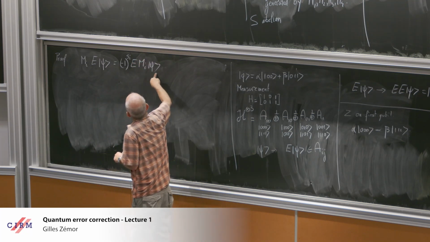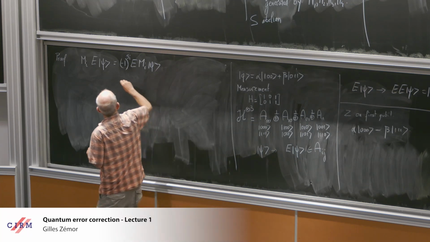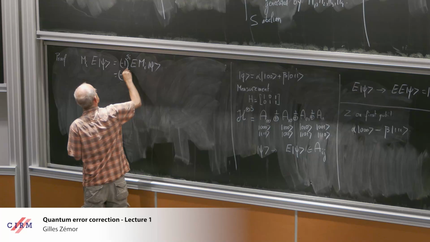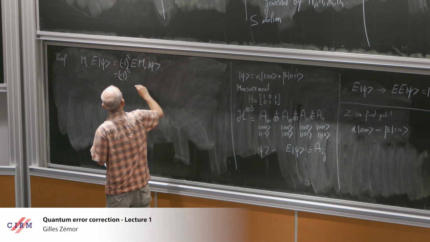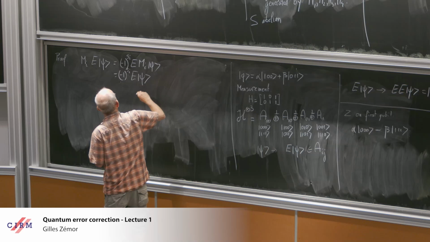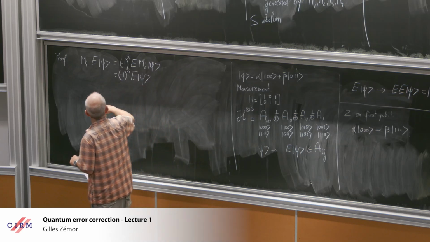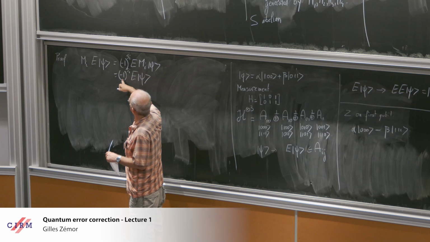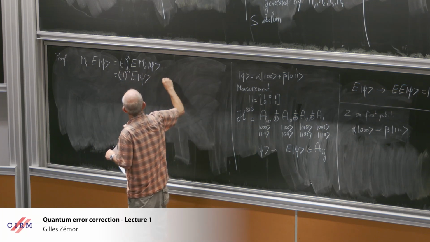But now Mi stabilizes psi, so this is nothing but (-1) to the Si times E times psi. So applying Mi has, depending on the syndrome value, just put a -1 in front of our state. That's it.